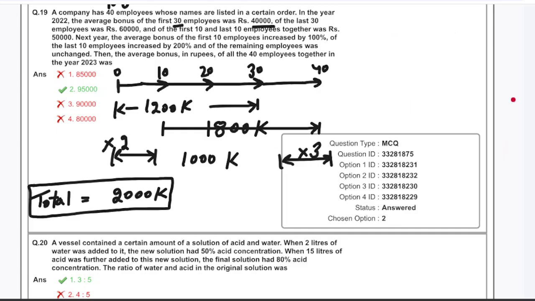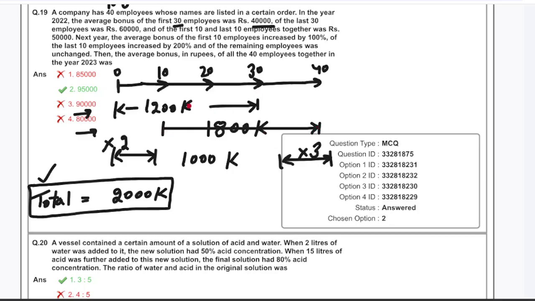Now, at the first place to find out the total, we just added everything. Now, if we just see carefully, if we subtract this 2000 from the first two lines which we have, here we are saying we are getting 0 to 30 and 11 to 40.